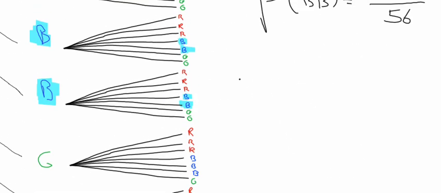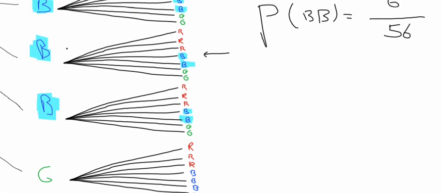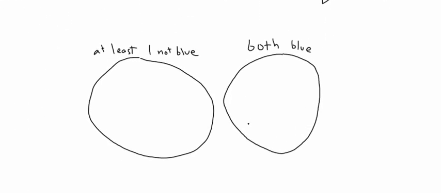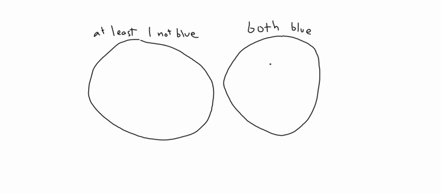You're either going to get 2 blues in a row, like this, or you'll get at least one not blue. So those two are complements. We already said that there were 6 outcomes in the whole sample space where they're both blue. So my question is, how many outcomes are there where there's at least one not blue?